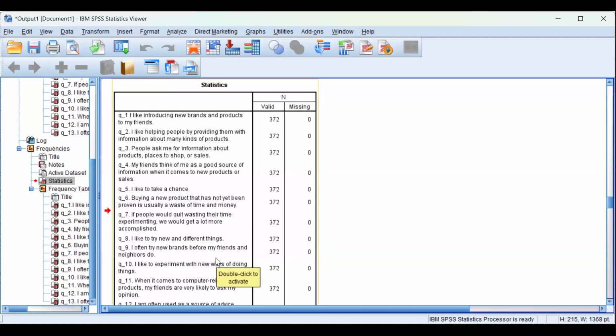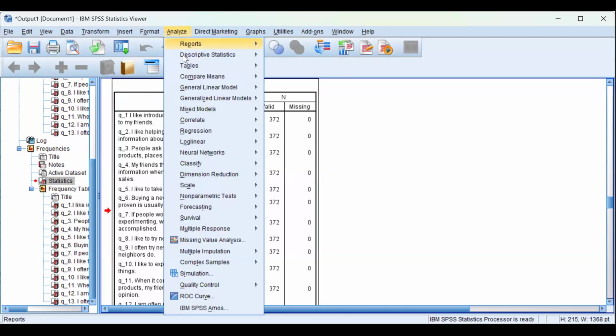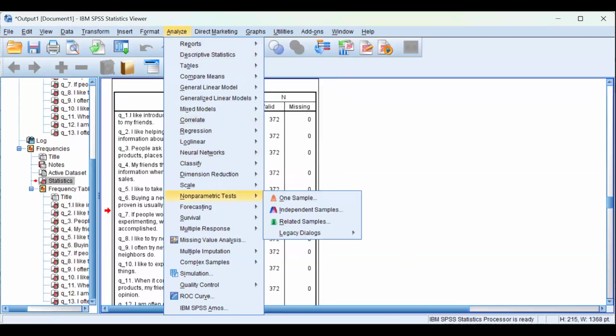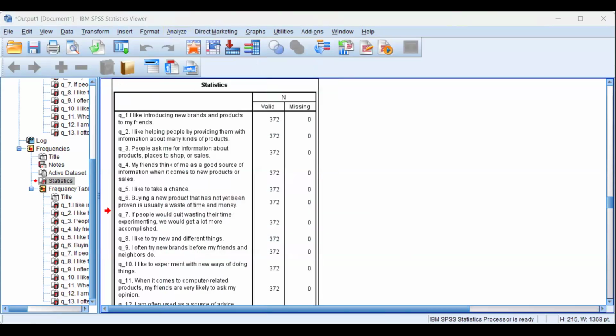Next, after that, you need to calculate and check the standard deviation. You go to analyze, or you can simply take your data to Excel. I'm just copying this data, Control C, and pasting it in Excel. I'll share the Excel sheet with you.